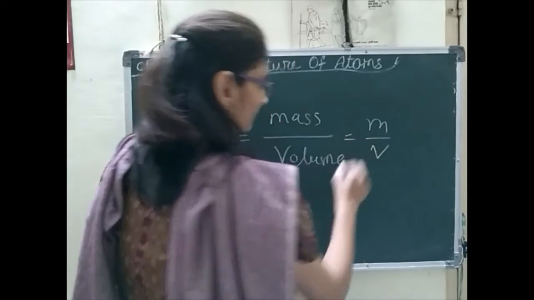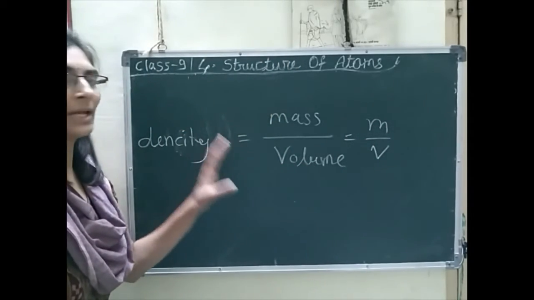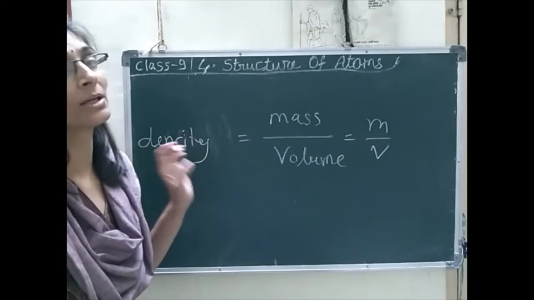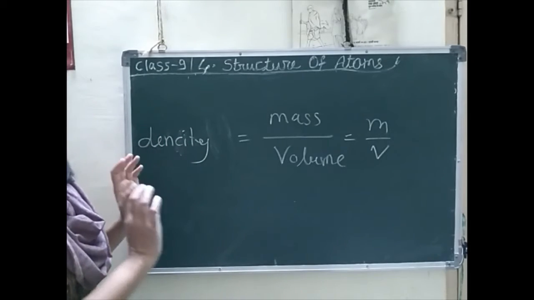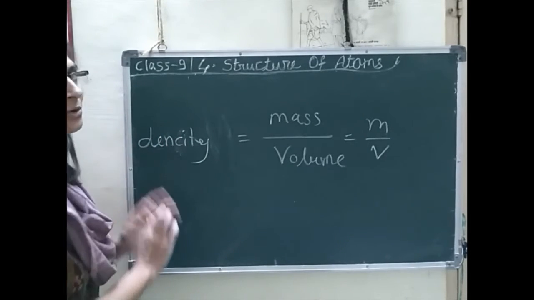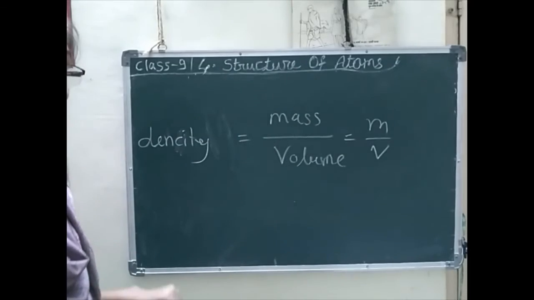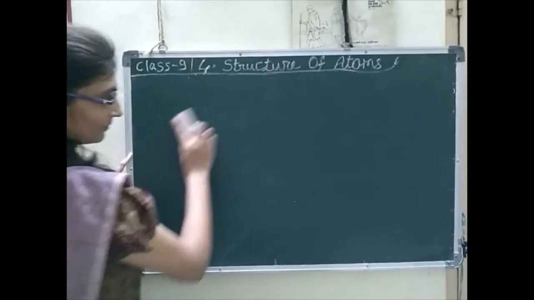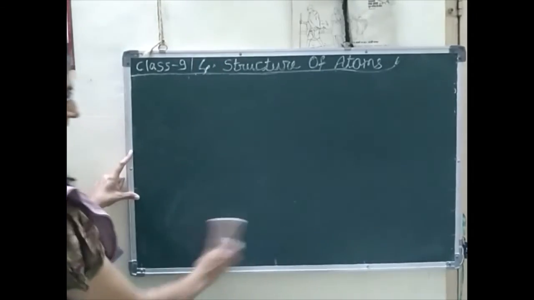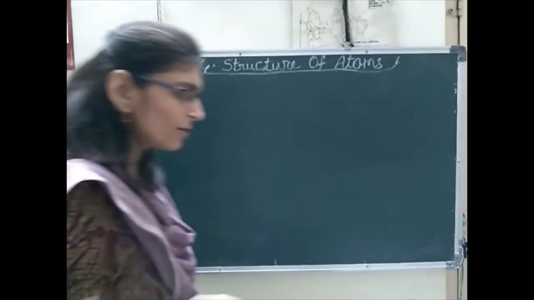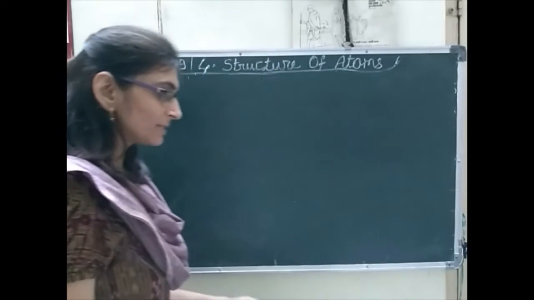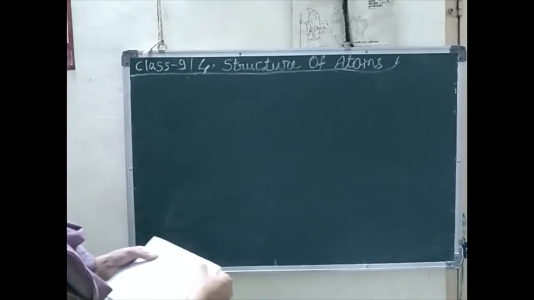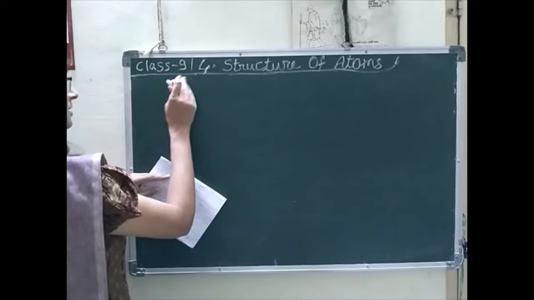If the property depends on the mass, then that property is different in case of isotopes. So this is one of the characteristics of isotopes that we have discussed here.